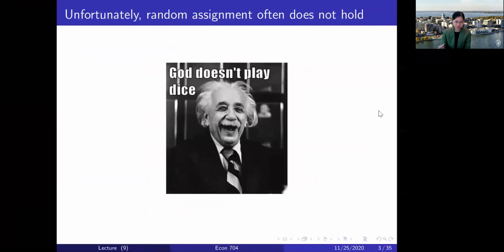Today, we'll go into a different setting because our random assignment assumption on X is clearly too strong. In a lot of data sets, even in some of the randomized control trial data sets, the random assignment assumption for X does not hold.